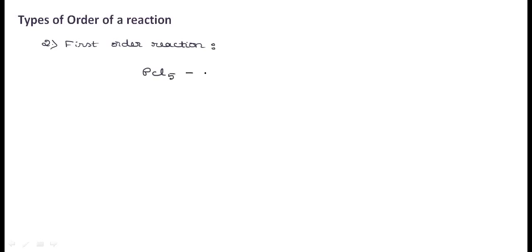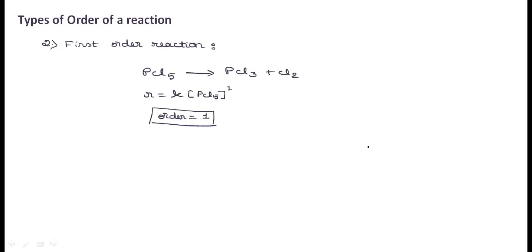Take the decomposition of PCl5 into PCl3 and chlorine gas. If we write the rate equation, R is equal to K into concentration of the reactant raised to its appropriate stoichiometric power. As there is nothing written here, it indicates it is 1. The order of a chemical reaction is the sum of the power terms, so the order of the reaction is equal to 1.